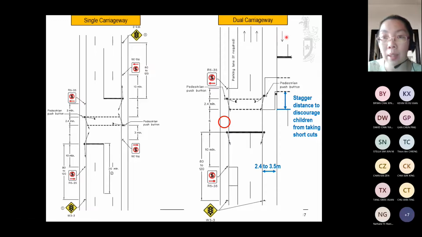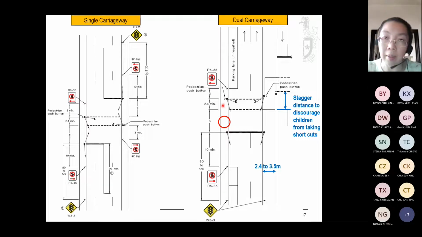For this kind of dual carriageway, we usually do a staggered crossing. That means the pedestrian will have to cross the road in two stages: once to cross this half of the carriageway, and then they wait here, and then later cross the second half of the carriageway. Okay.